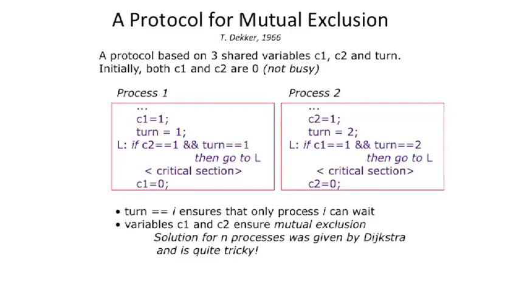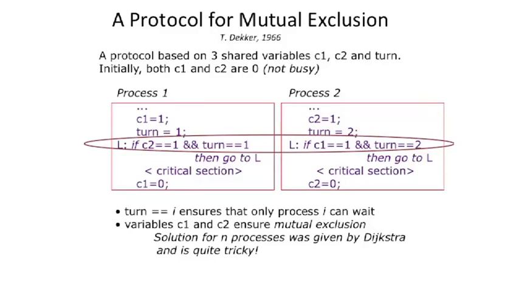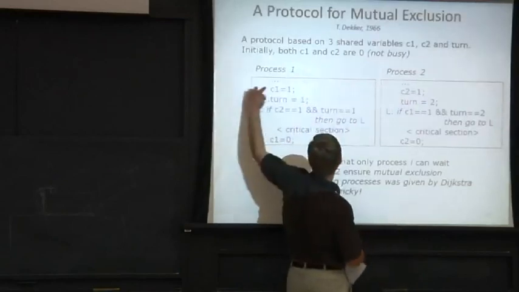So when you come down to here and do this check, whoever raced and actually set that turn variable last, the other thread is going to execute. So let's say process 2, we interleave these.